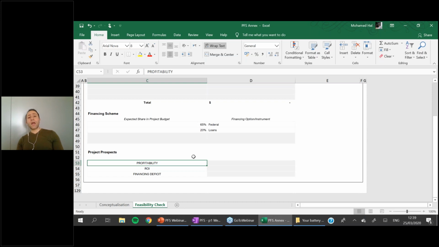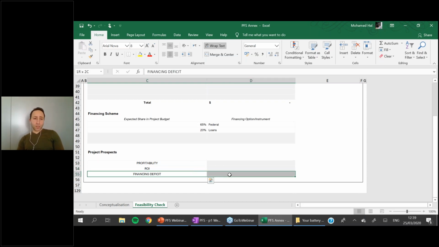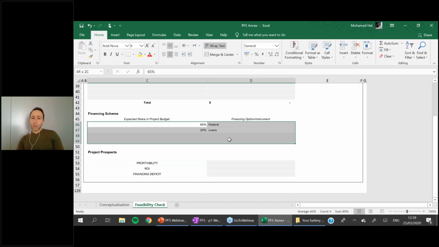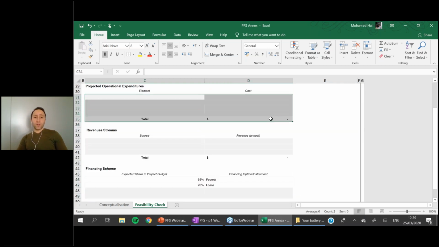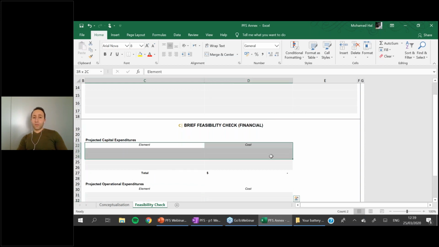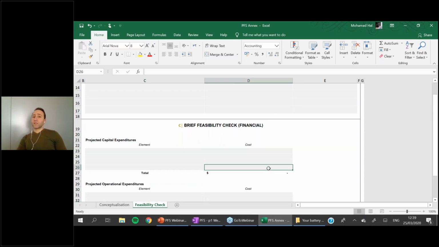And the last thing, how much money do you lack, the financing deficit? You would be able to answer this question through looking at your financing scheme. If the amount of money that you have does not close the 100% of the capital expenditures that you identified here, then you've got a deficit, okay?